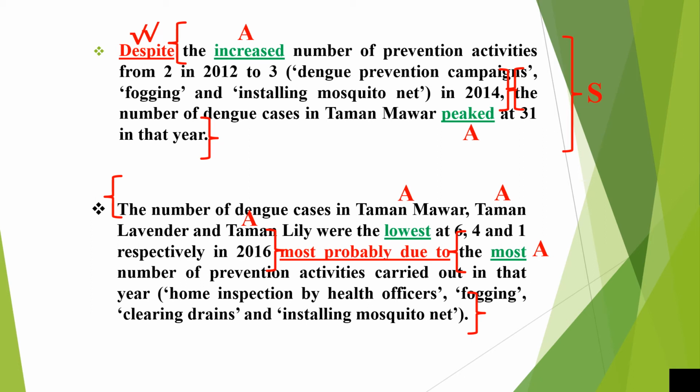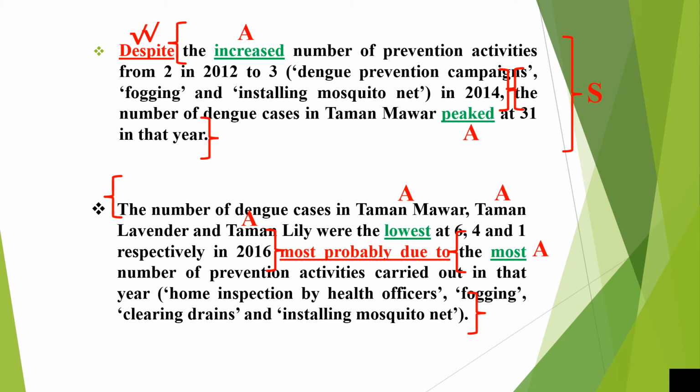Lowest number of cases, 4 at Taman Lavender. And then lowest number of cases, 1 at Taman Lily. All put together by using this one trend word, lowest. That is why it resulted in 3 analyses.